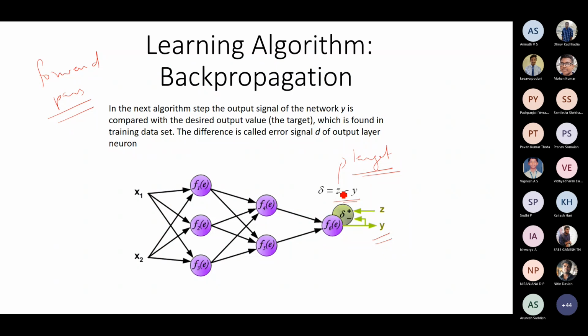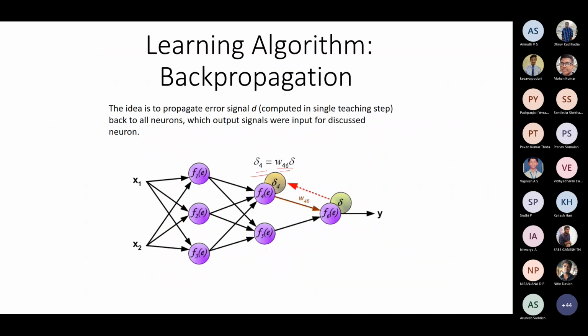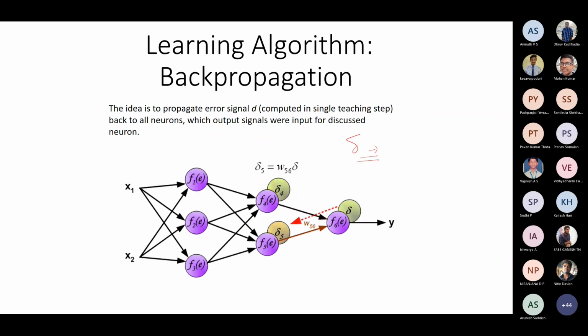This is your error signal, and that error gets propagated back, because you have got output F6 of E using this W46 and W56 only. So you propagate this as delta 4, W46 into delta. You propagate W56 into delta as delta 5.